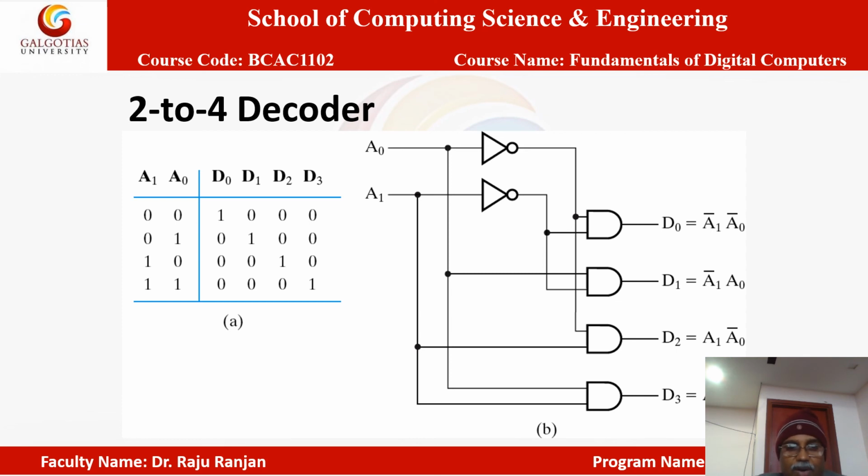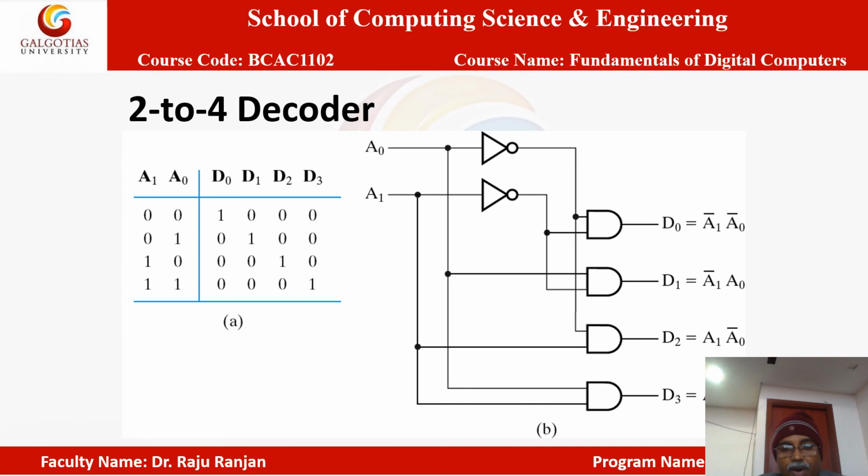Now what about D1? D1 takes one input from the inverter circuit, which is 1, and one input directly from A0, whose value is 0. If any input is 0, the output of the AND gate will be 0, so D1 will be 0.